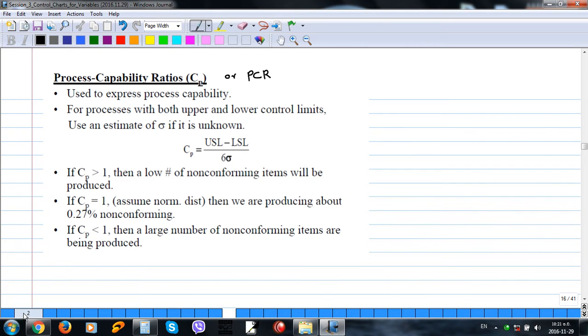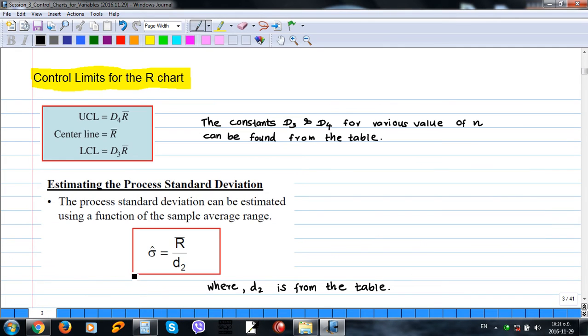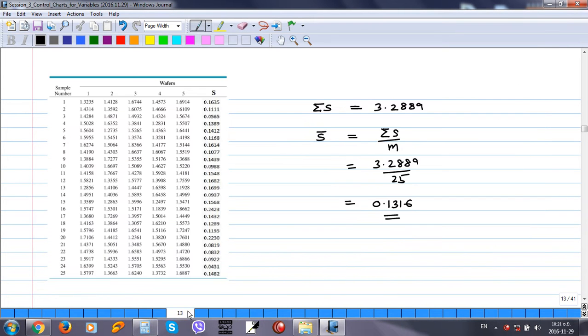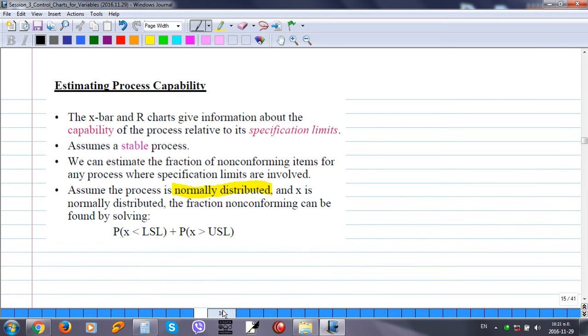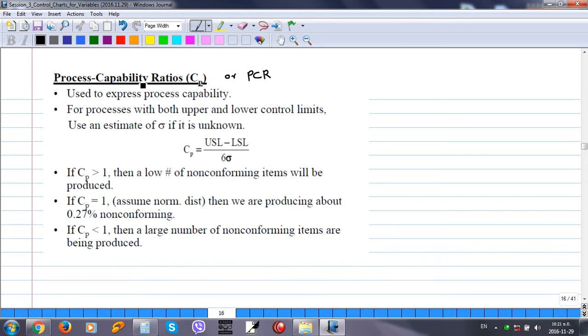That sigma means you need to find r bar over d2, right? If CP is greater than 1, then a lower number of non-conforming items will be produced.